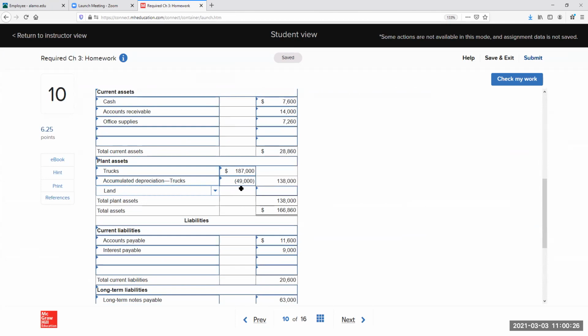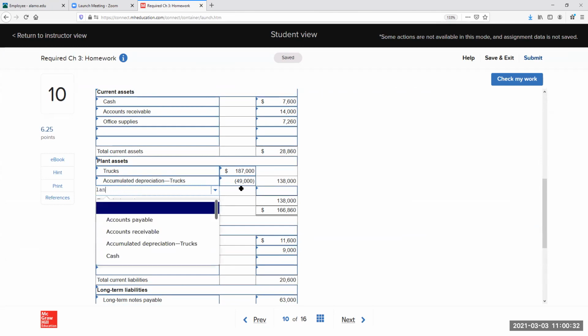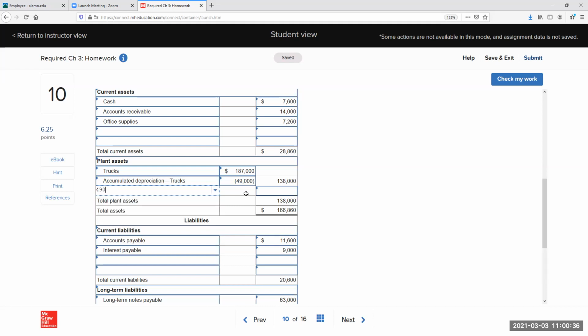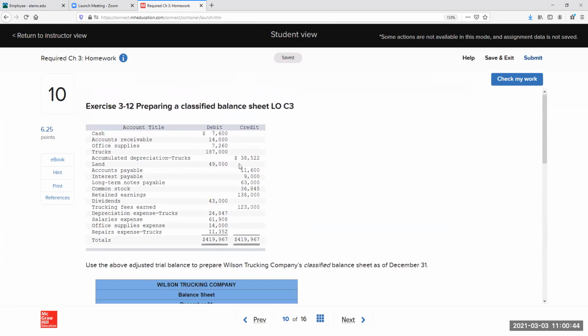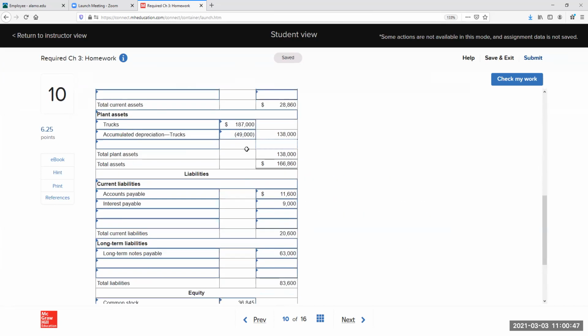Oh, I know what I did wrong. I have land, 49. I don't have the land there. I forgot all about the land, and that's 49. So where do I put accumulated depreciation? 38,522, but this has to be a minus.